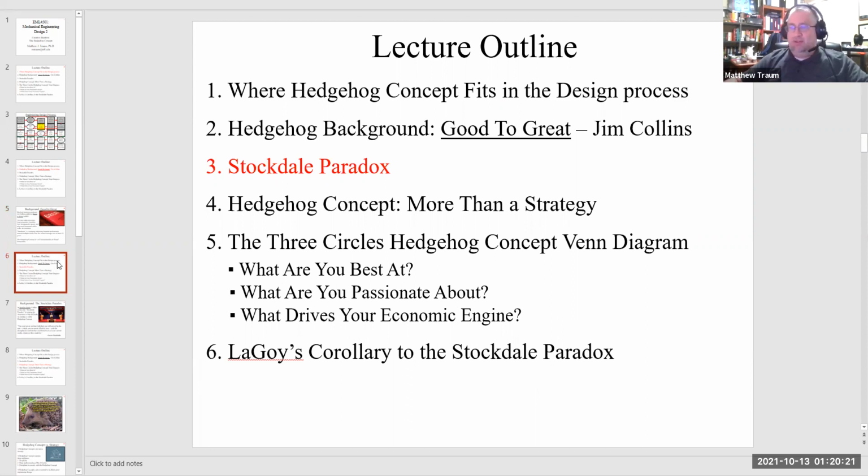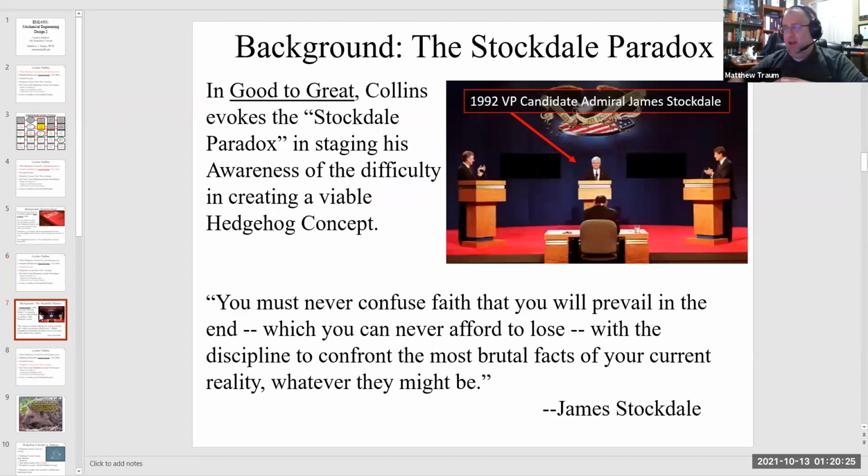transition then to the Stockdale Paradox. Little bit of background here. James Stockdale was a vice presidential candidate. This is probably well before most of your times, but I was in high school when Stockdale was a vice presidential candidate. He ran on the Reform Party ticket, so he was neither a Republican nor a Democrat. He was a third party candidate, and the presidential candidate on that ticket in '92 was Ross Perot.